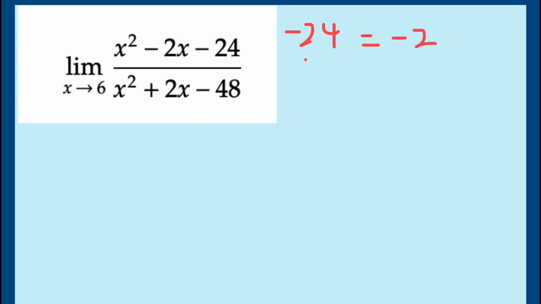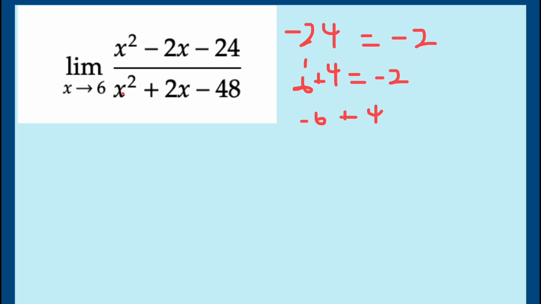So I know that 6 and 4 multiply up to 24. Now I know that -6 plus 4 equals -2. So -6 and +4 are going to be my factors.